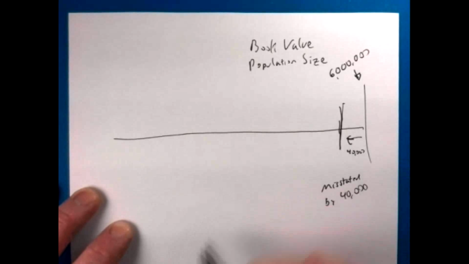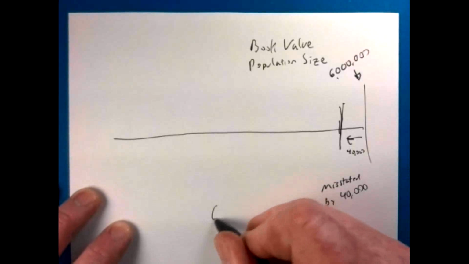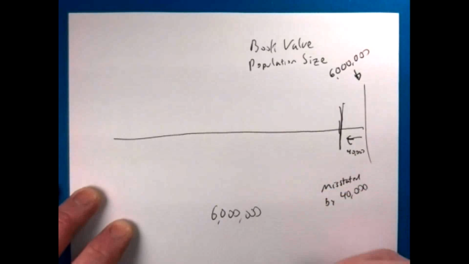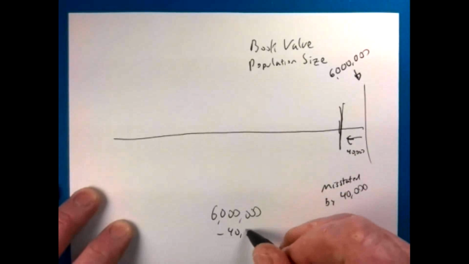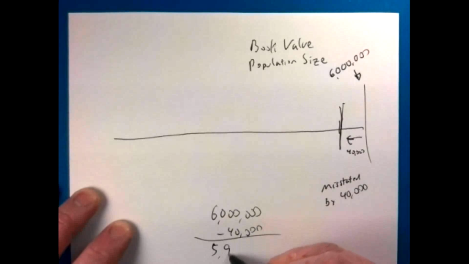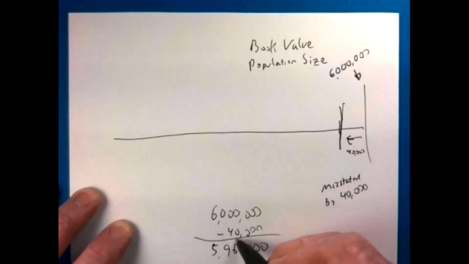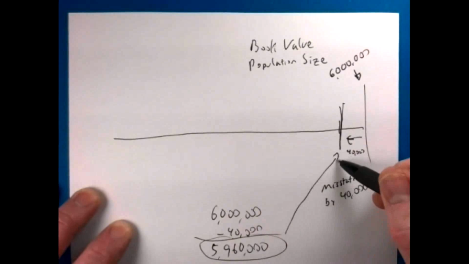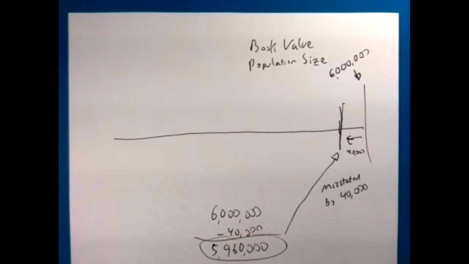So whatever that is, what's 6 million minus that? This would be our projected value. Is it 5,960,000? If I did the math right, that's it. So we're saying, okay, look, this is what it really should be, right? This is our best estimate.